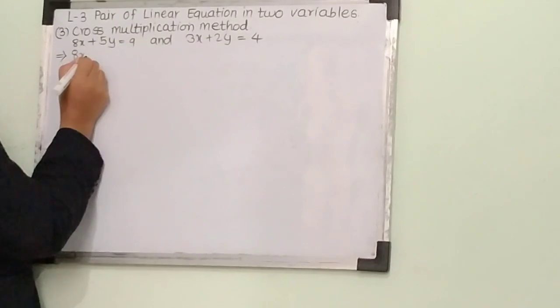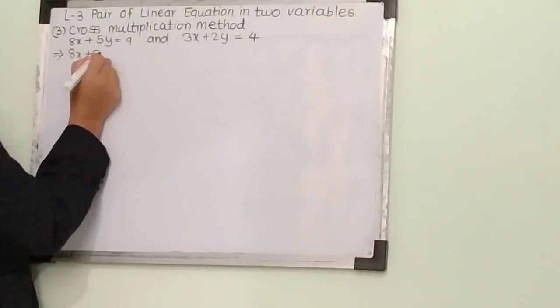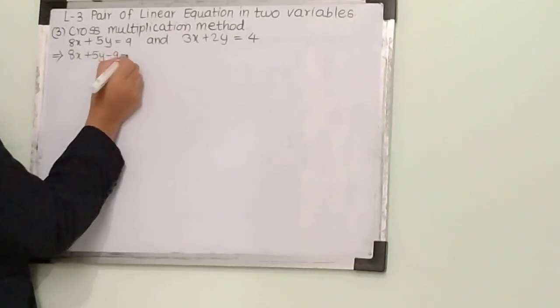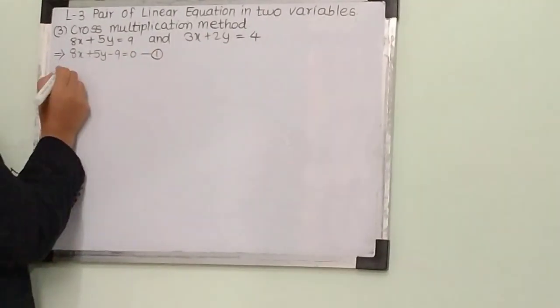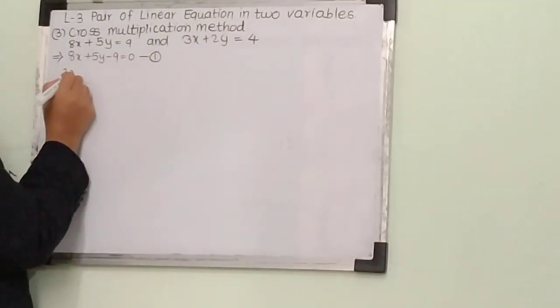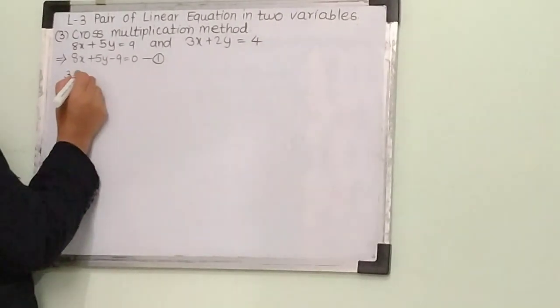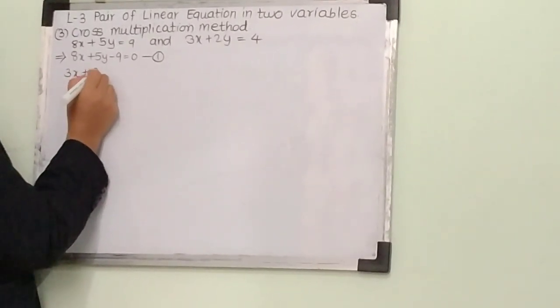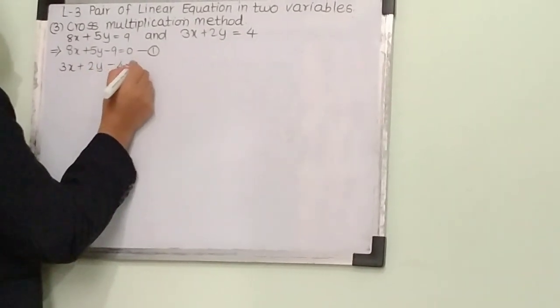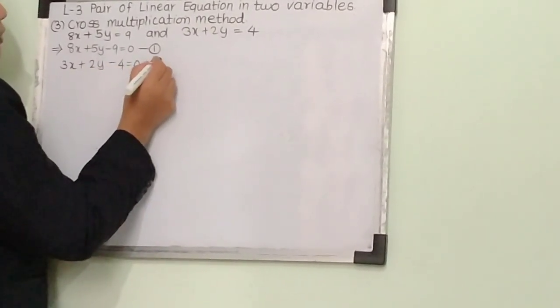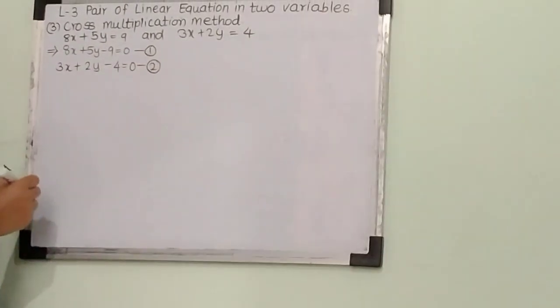So here 8x plus 5y minus 9 equals 0 is equation number 1. Then the second equation is 3x plus 2y minus 4 equals 0, equation number 2.